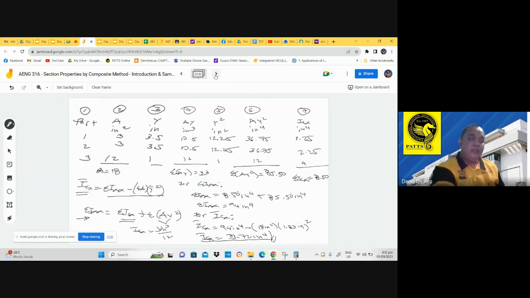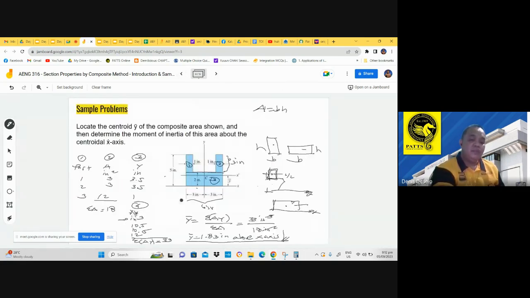The last part is an alternative solution that I'll be using to solve this one, which will be applicable if you will be answering cross sections or section properties which are hollowed, or I mean areas which are hollowed.